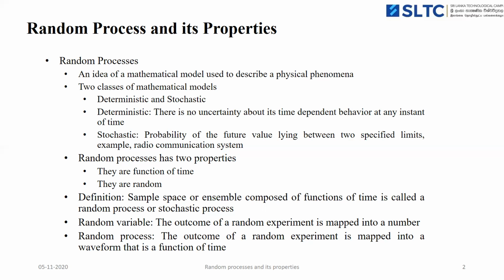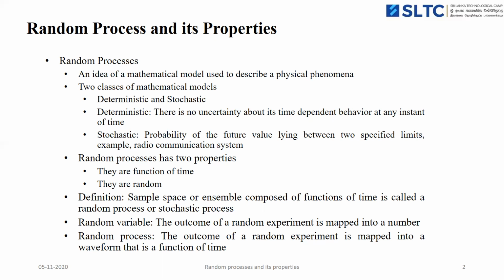So basically, for physical phenomena, we use two mathematical models, deterministic and stochastic. In deterministic, there is no uncertainty about its time-dependent behavior at any instant of time.